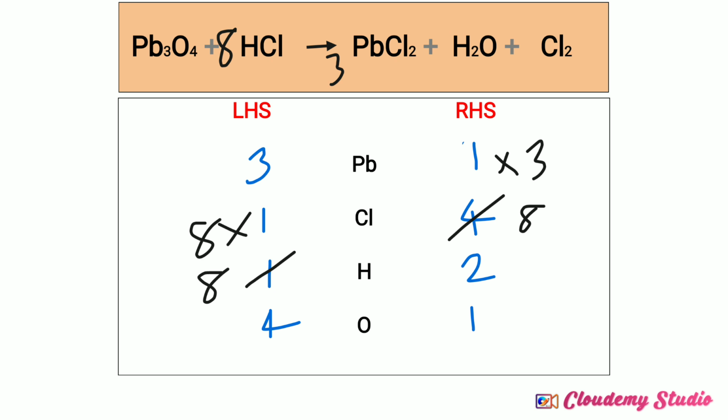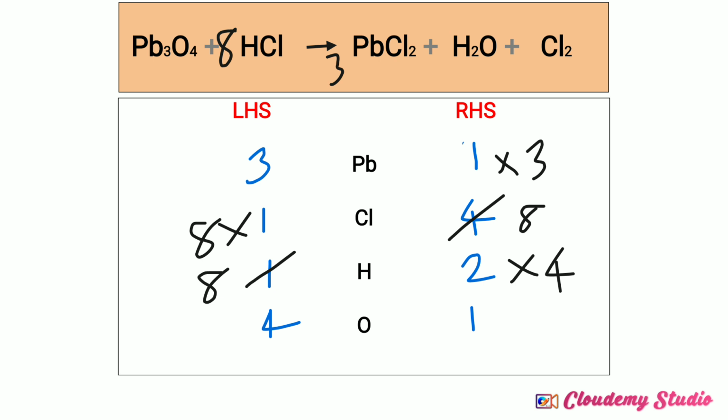Now the left hand side, how many oxygen atoms? 4 oxygen atoms. The hydrogen at the left hand side is 8 atoms, but the right hand side only 2 hydrogen atoms. So this 2 has to be multiplied by 4, then only it will become 8 on both sides. Where is this hydrogen present? In water.